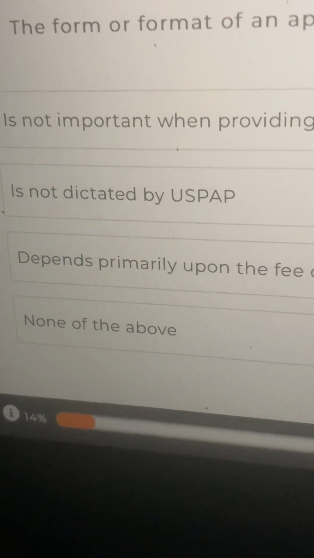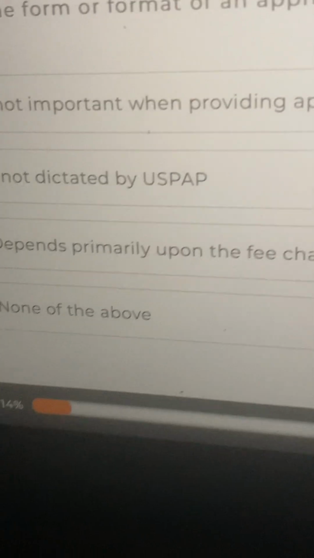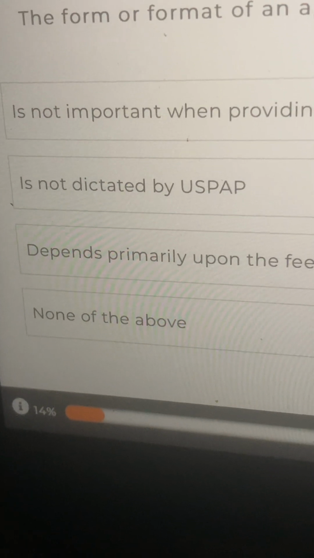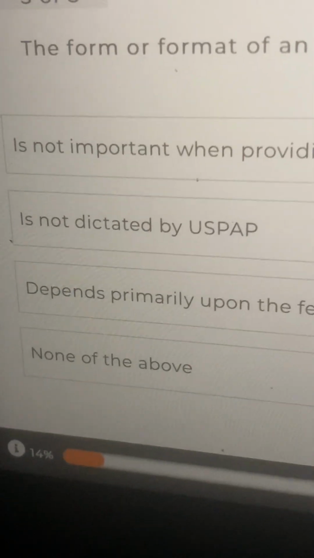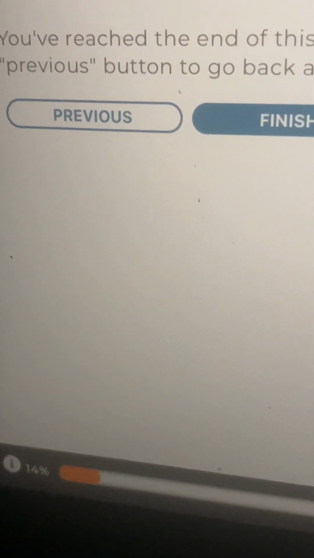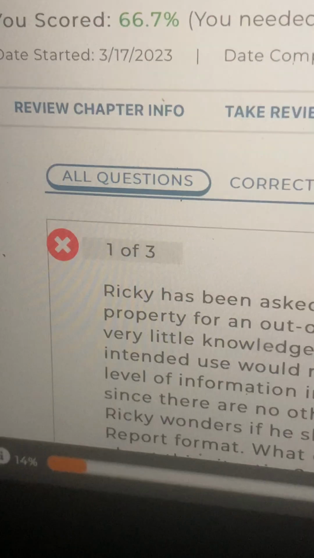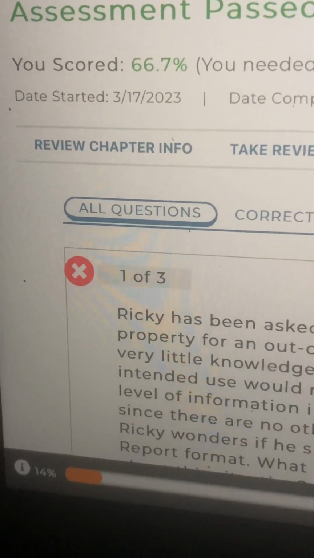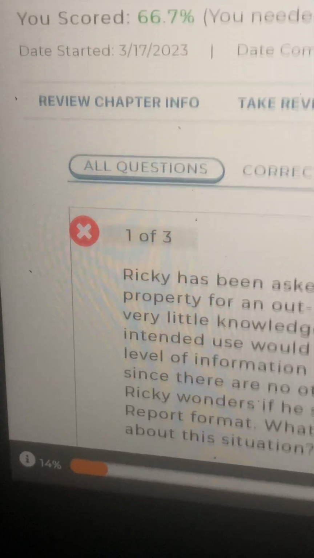C, depends primarily upon the fee charged by the appraiser. Or D, none of the above. I'm going to go B, is not dictated by USPAP. Assessment completed, finish. You passed, you got a 66.7%.